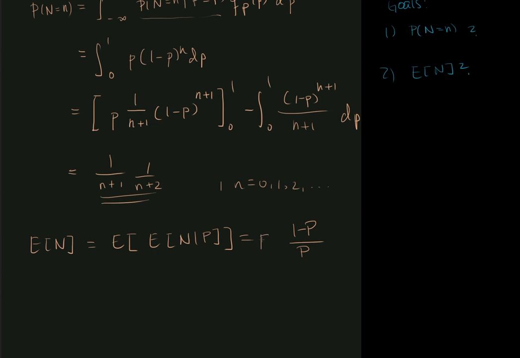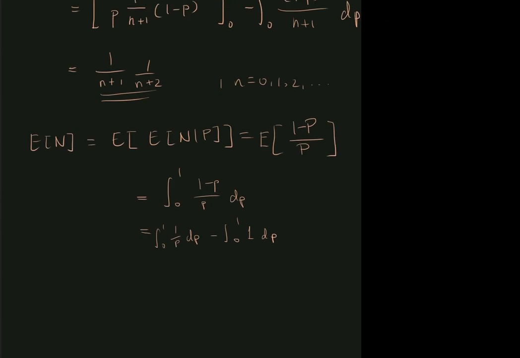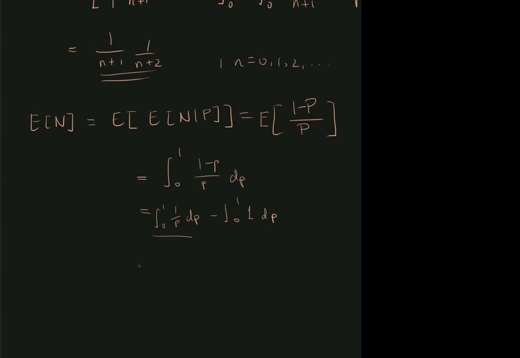So this is equal to the mean of 1 minus P divided by P. And the mean of 1 minus P divided by P is then equal to the integral from 0 to 1 of 1 minus p divided by p dp. And we split up this fraction into the part that's 1 over p dp, and then here we just have p over p, which is just 1, dp. So we have this thing minus 1.